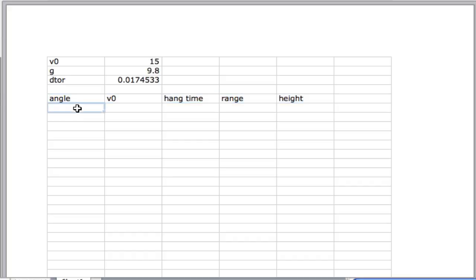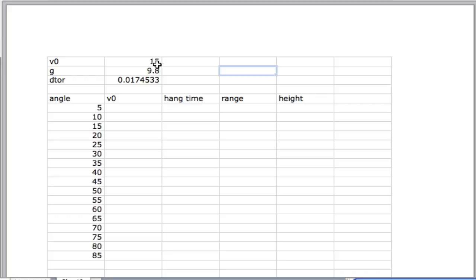All right, good. So now my angles are 5 and then 10. And here's the interesting thing. Excel's so quick, I can do all of the angles up to 85 in increments of 5. So even though the problem says go by 10 degrees, we're going to do all these. We have 15 meters per second as our initial velocity next.